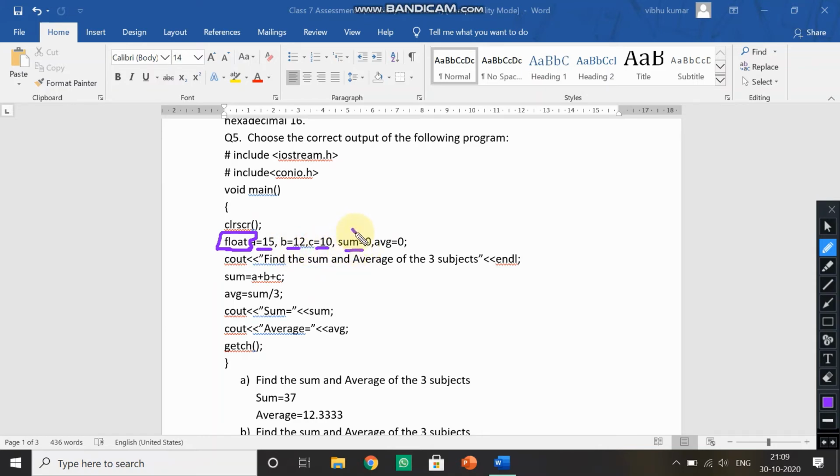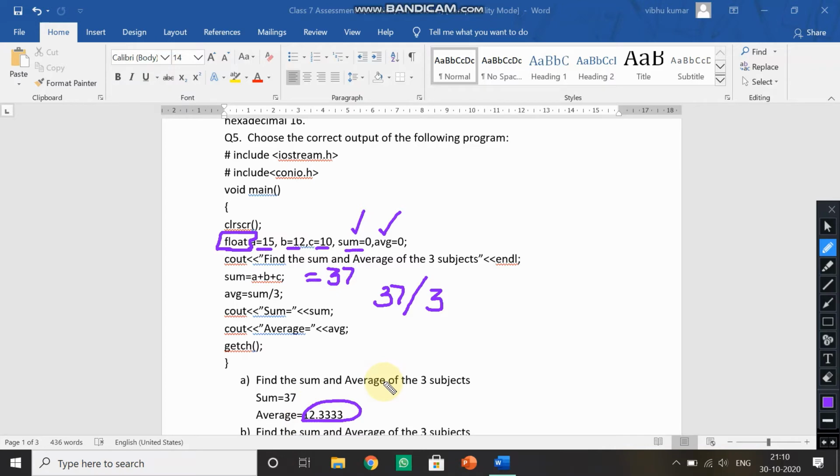Then we had to find sum and average of 3 subjects. So sum here will add the numbers 15, 12 and 10, so this will become 37. And the formula of average is equal to sum by 3. So simply 37 divided by 3.